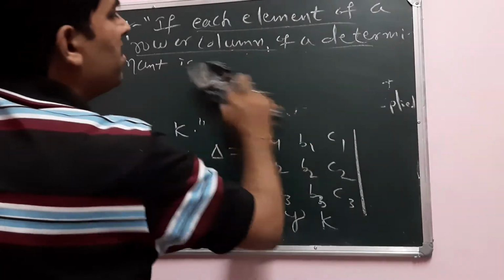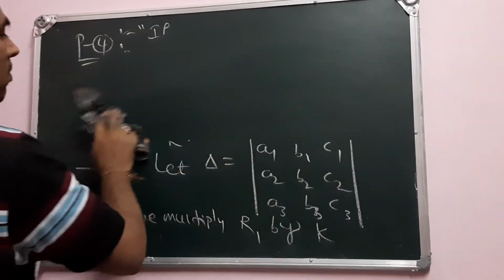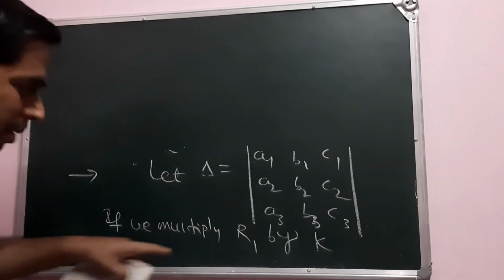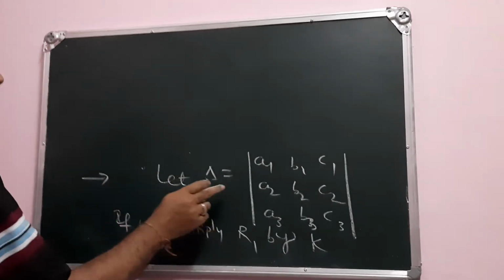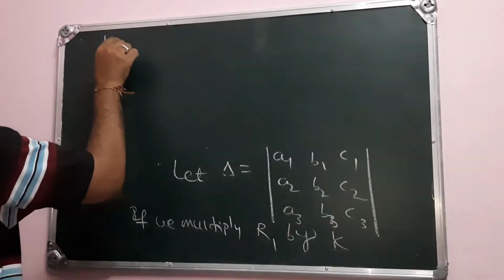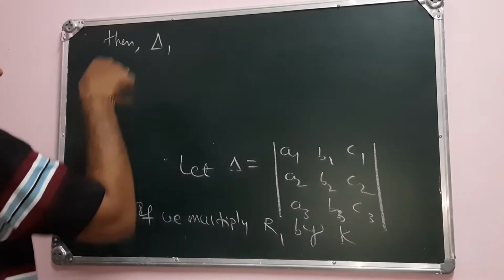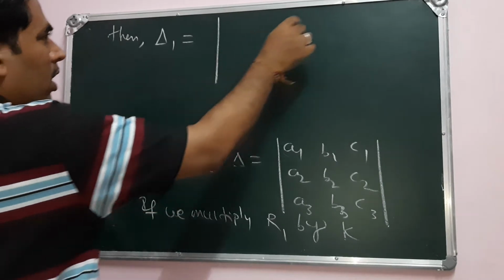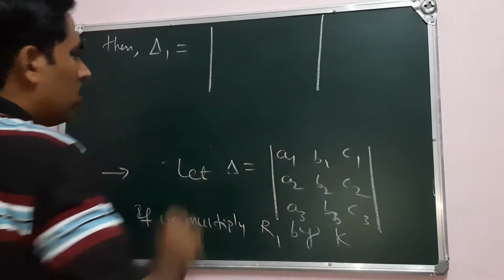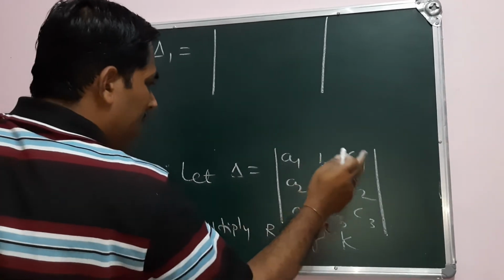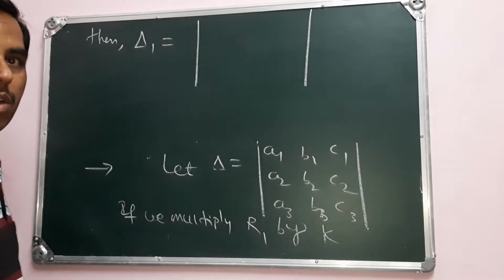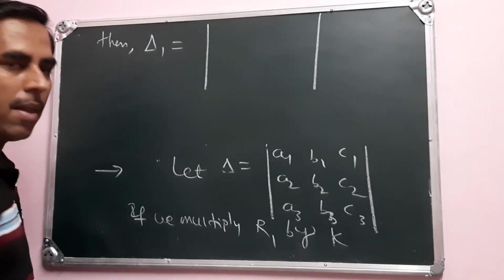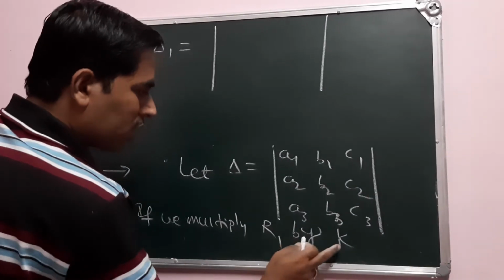Okay, so let me continue here. Multiply first row by k. Then I will get another determinant, delta 1, where I have multiplied every element of first row by k.